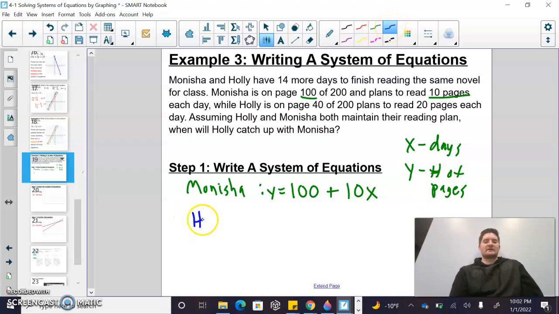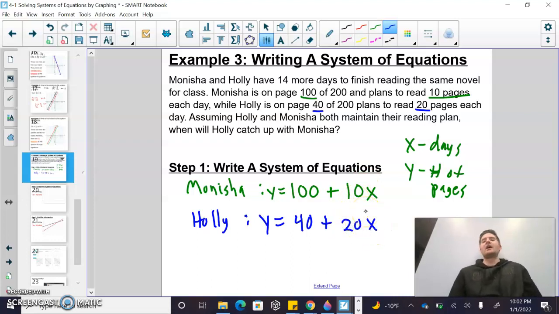I wrote down y is equal to 100 plus 10x for Monisha. For Holly, I'm going to write down y is equal to 40, because that's the page she's on, plus 20x, because she reads 20 pages a day. So that's the system of equations.